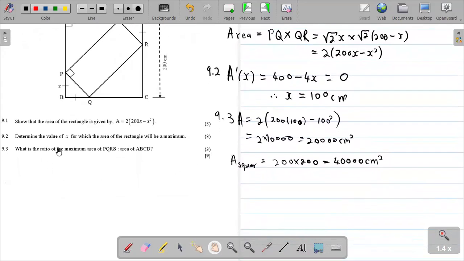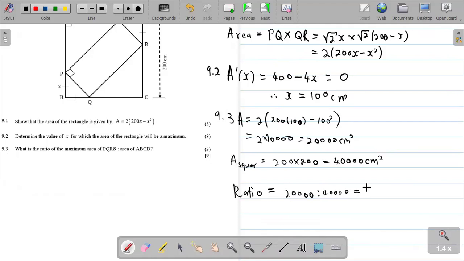So the ratio, maximum area of PQRS, so it means therefore ratio equals 20,000 to 40,000.